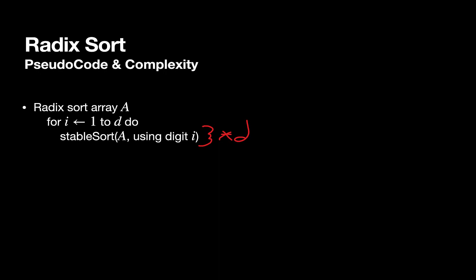And we've just identified that the stable sort takes n plus k units of time. So simplifying all of this, we could say that the overall radix sort takes d times n plus d times k units of time. Depending on the relative magnitudes of d, n, and k, our radix sort could take vastly different amounts of time.